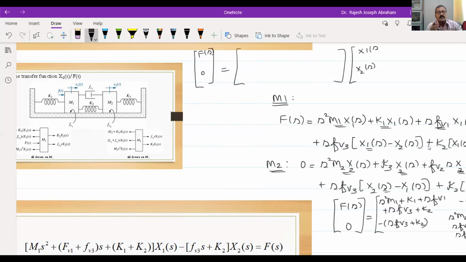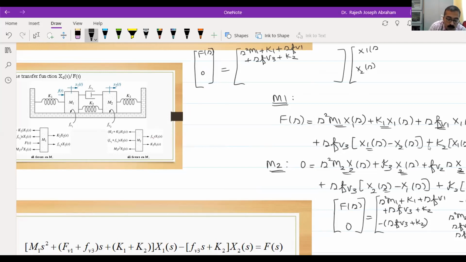You sum up all the elements connected to mass m1, including mass m1. So s square m1, plus k1, plus s fv1, plus s fv3, plus k2.